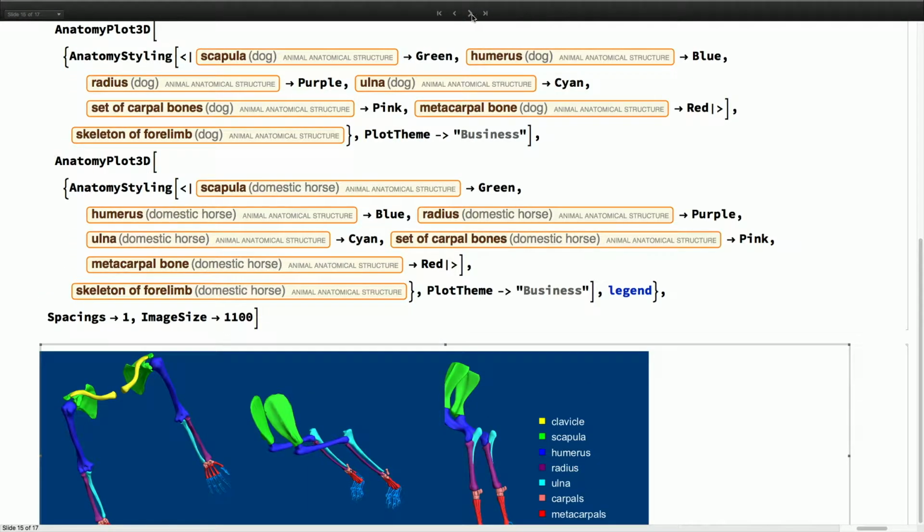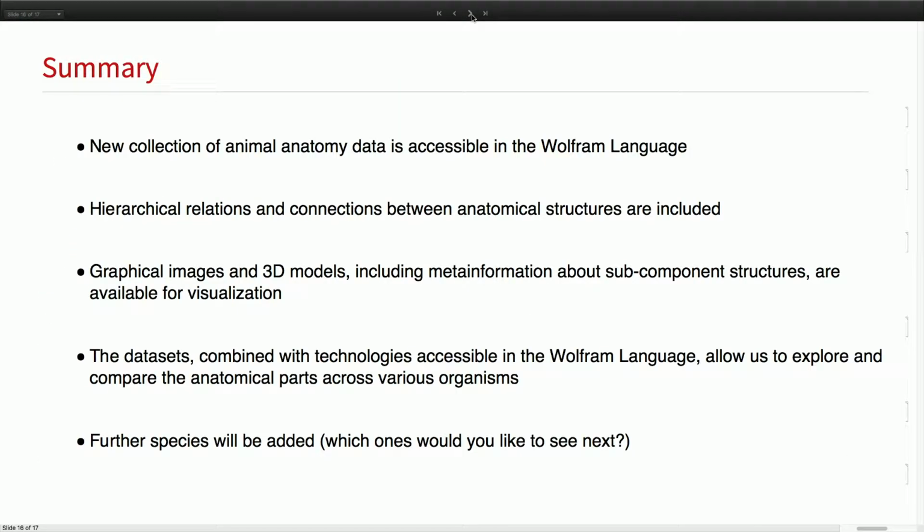And this brings us to the summary of the talk. We have a new collection of data which is accessible via the entity type in the entity framework in the Wolfram Language. And we have several properties to access information like their hierarchical relations and connectivities.